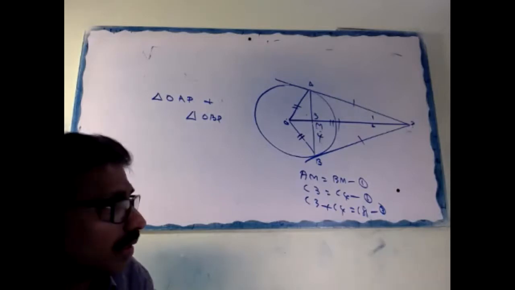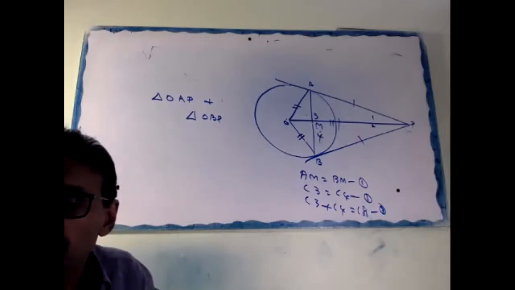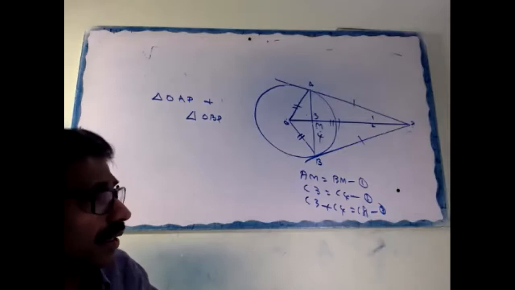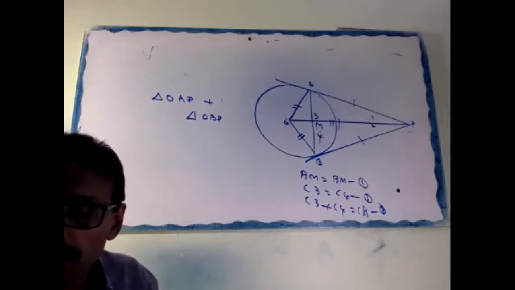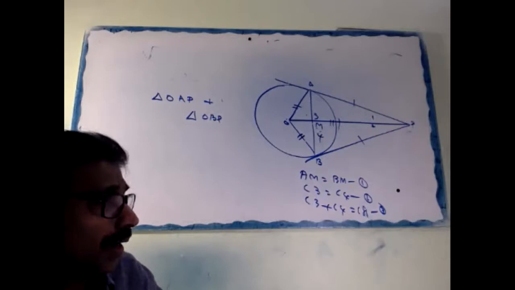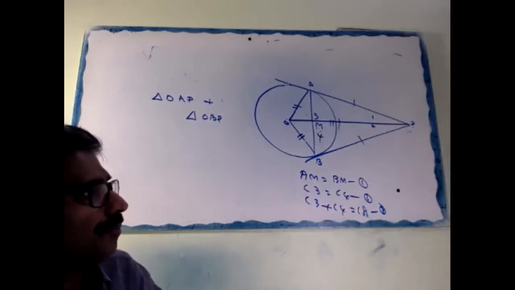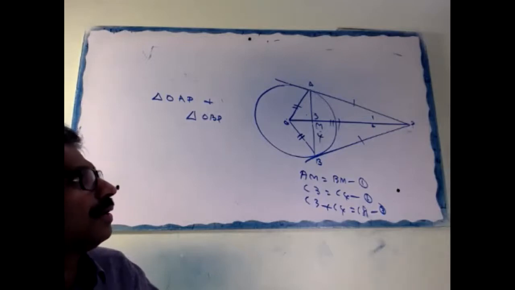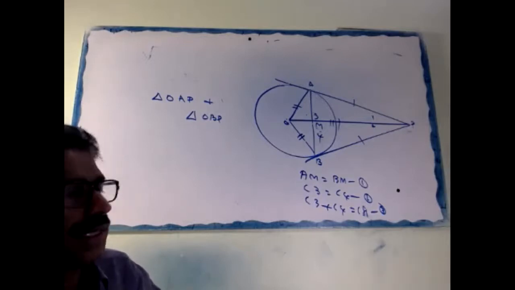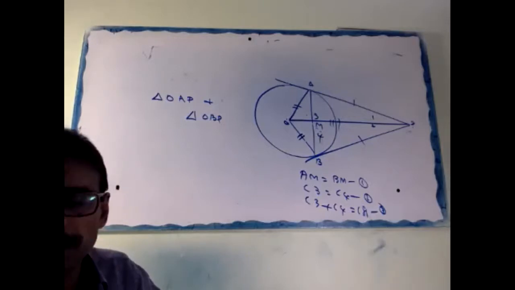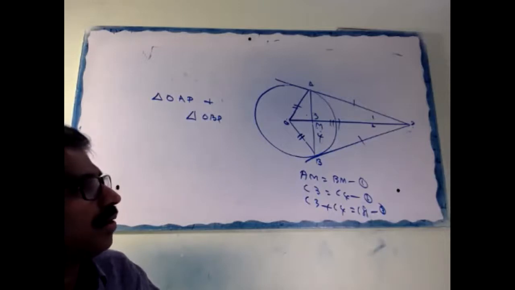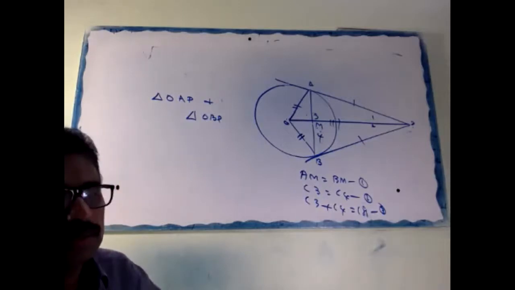Once again, Nihal, listen. I'm writing once again. In triangle OAP and OBP, check the figure. OA equal to OB, radii of the same circle. PA equal to PB, tangents from an external point are equal. OP equal to OP, common.